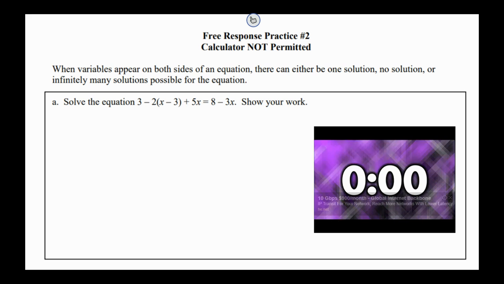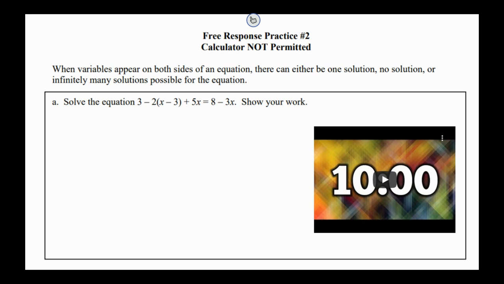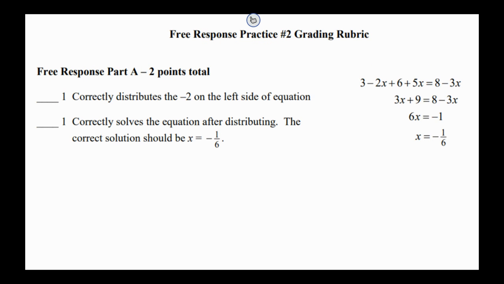Okay. Go through this one. So part A was just solving. Here we go. Variables appear on both sides of an equation. There can either be one solution, no solution, or infinitely many solutions possible for the equation. Solve the equation and show your work.